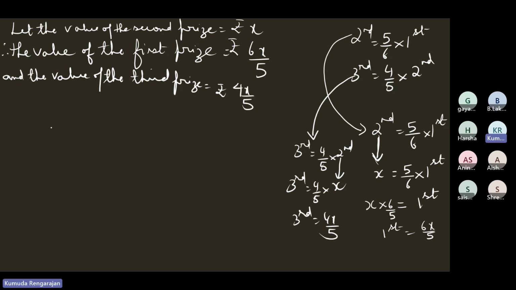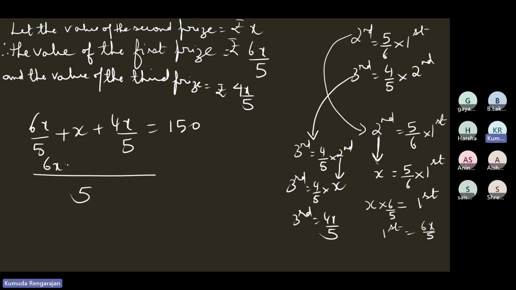Now, the sum of the three prize monies: the first price, 6x by 5, plus the second price, X, plus the third price, 4x by 5, is equal to the total value of 150. Taking common denominator 5: 6x plus 5x plus 4x is equal to 150 into 5. So 15x is equal to 150 into 5.